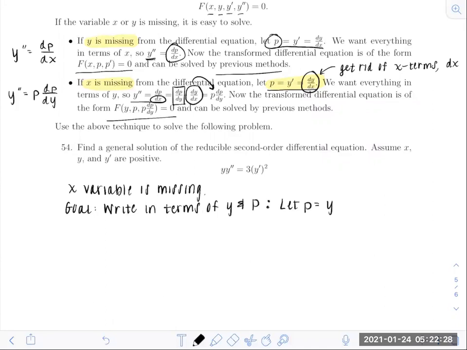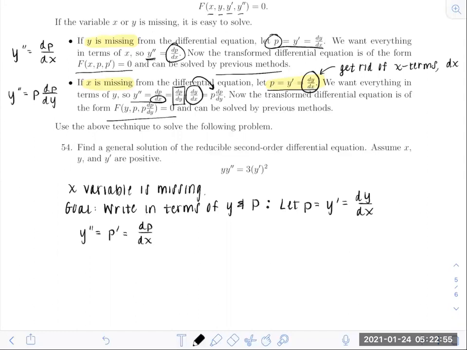Let p be y prime, which is dy dx. Okay, and so if I take the second derivative, y double prime, that is just p prime, where here it's understood that all prime notation is with respect to x.